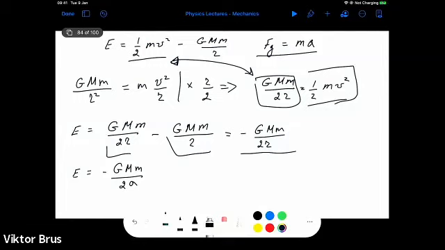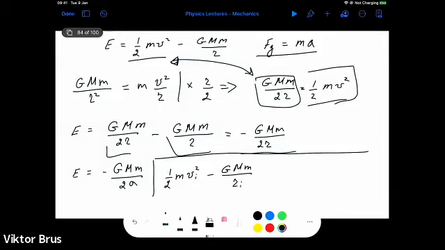So we can write that 1/2 m v initial squared minus GMm over r initial is equal to 1/2 m v final squared minus GMm over r final.